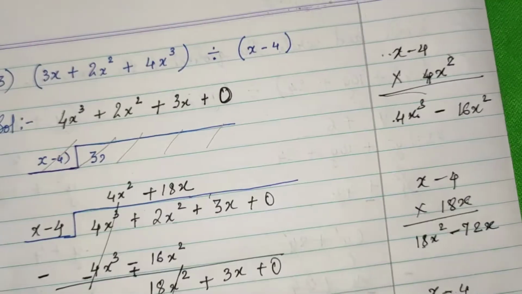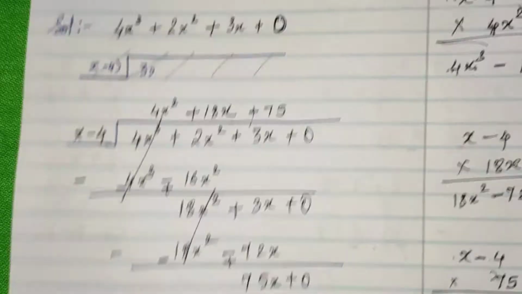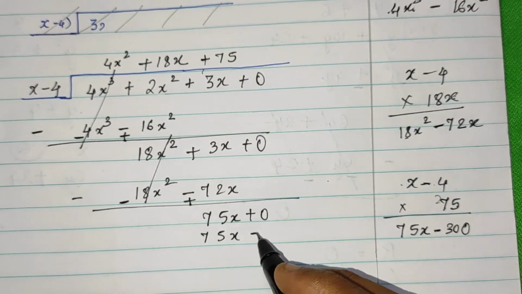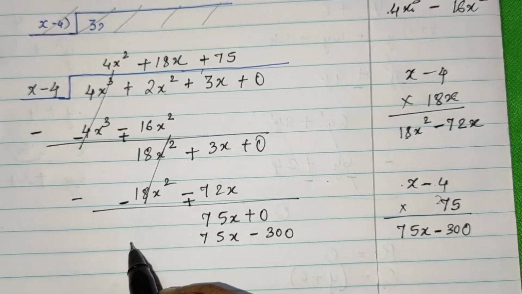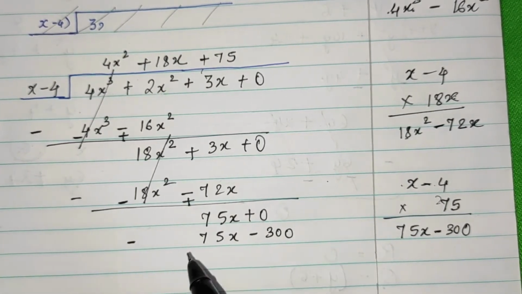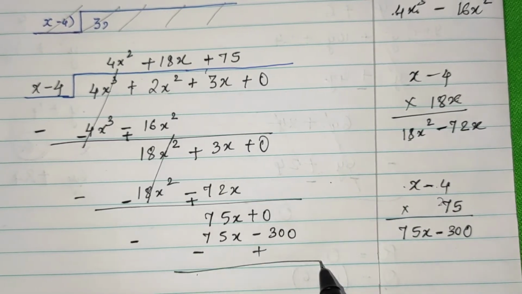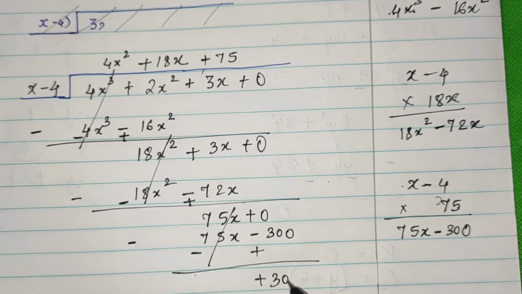So, by multiplying 75, you get 75x minus 300. So, subtraction, minus into plus minus, minus into minus plus. So, this will get cancelled and here you will get 300.